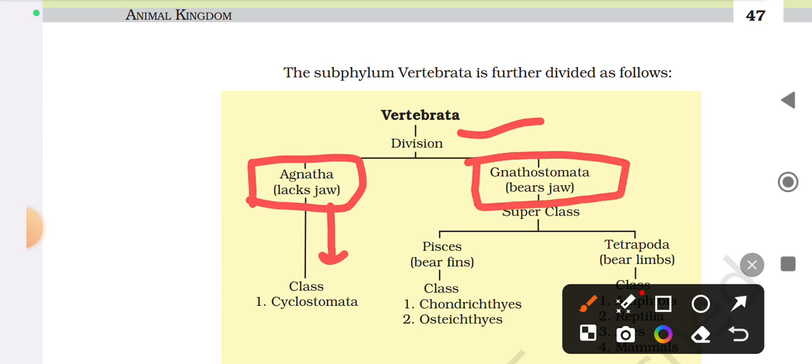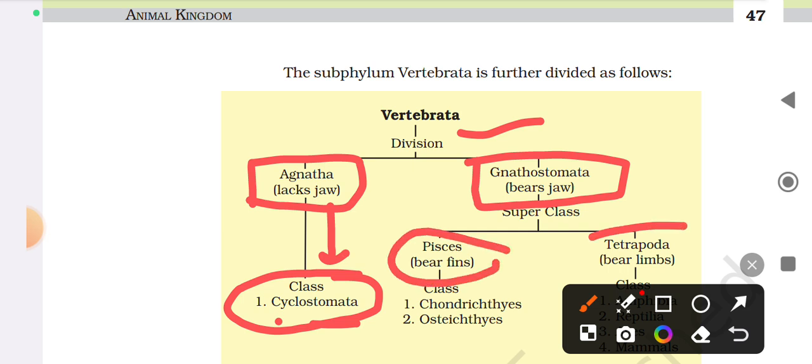Vertebrata is divided into two divisions, agnatha and gnathostomata. Agnatha have only one class, which is cyclostomata. Agnatha, that means jawless. They have only one class, cyclostomata, which have opening mouth, circular mouth. Okay, cyclo, that means circular, stomata, that means opening mouth. Now gnathostomata have the two superclasses, which are Pisces and tetrapoda.